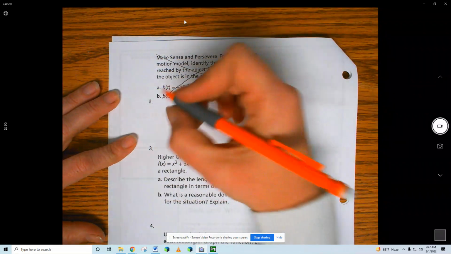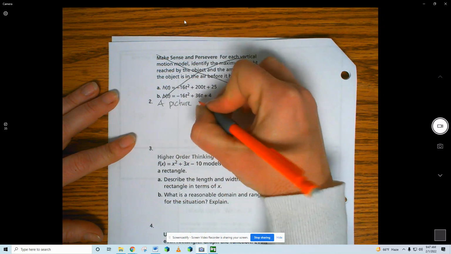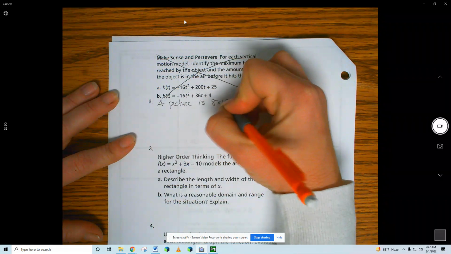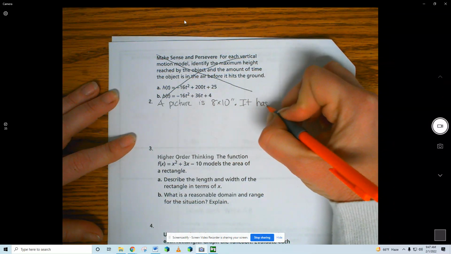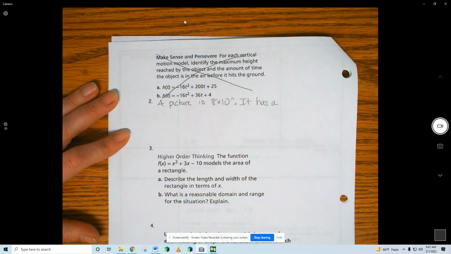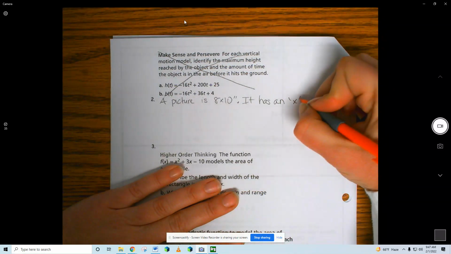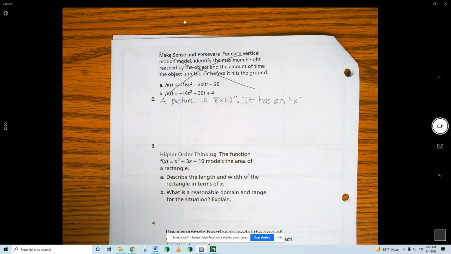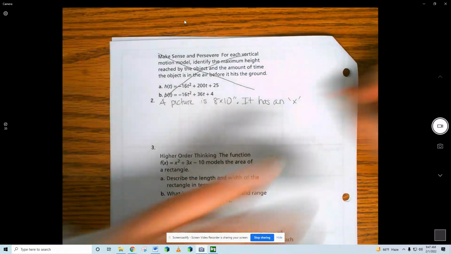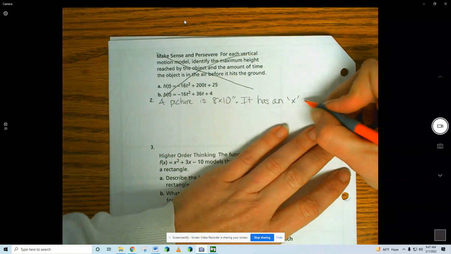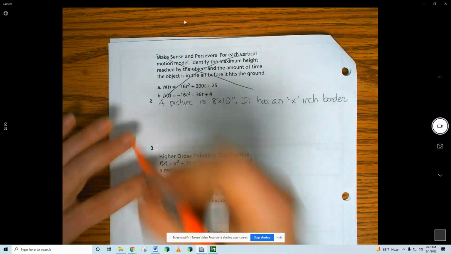A picture is 8 by 10 inches. It has an X inch border around all sides. I'm just going to say it's X long.